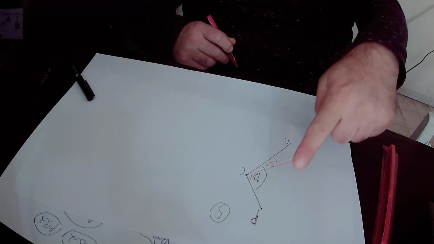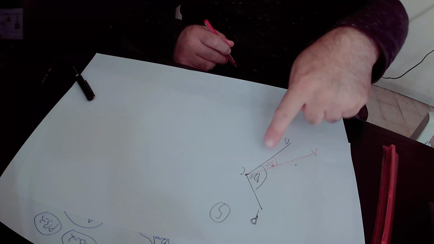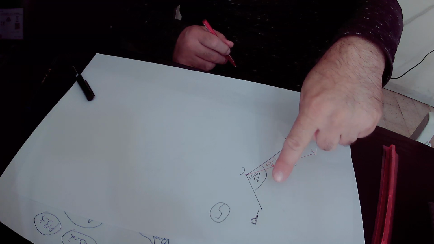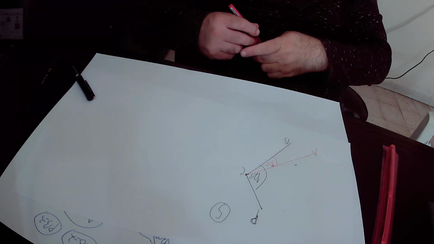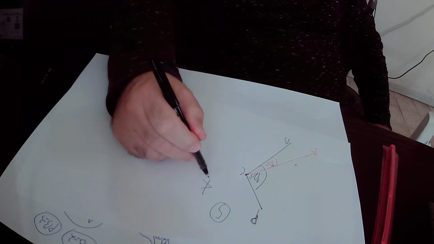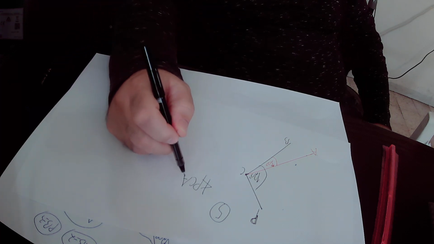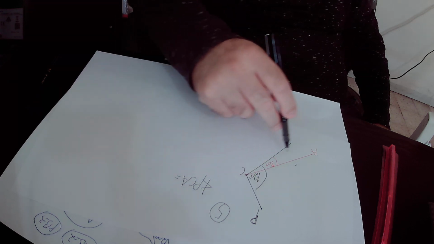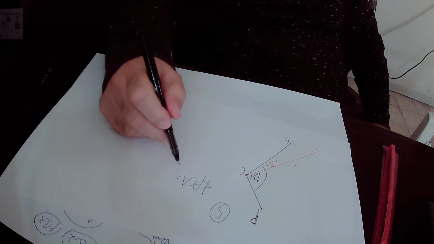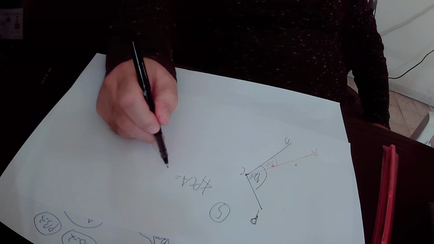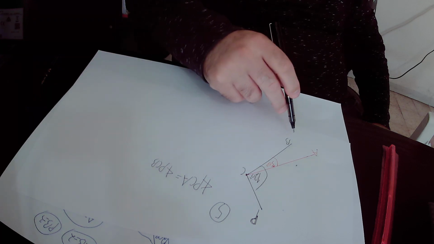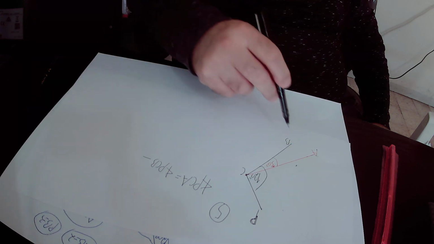And therefore, the big angle PCB minus the small angle ACB will be equal to the missing angle PCA. So the missing angle PCA will be equal to the big angle, that is angle PCB, minus the small angle, that is angle ACB.